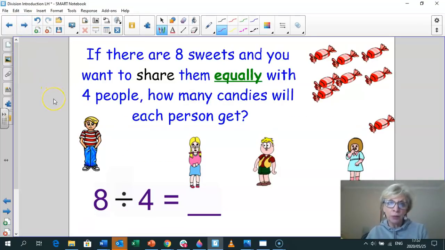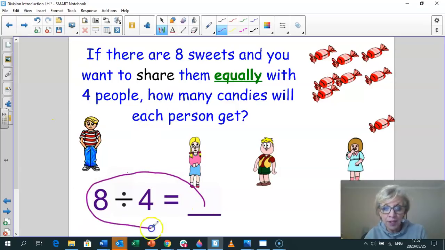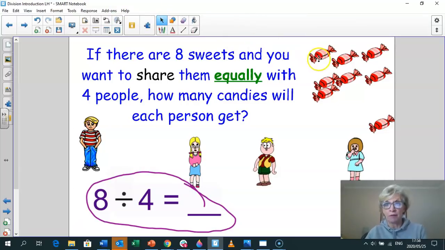Now, here's an example. If there are 8 sweets or candies and you want to share them equally with 4 people, how many candies will each person get? So here is our number statement, 8 divided by 4, or 8 sweets shared by 4 people.